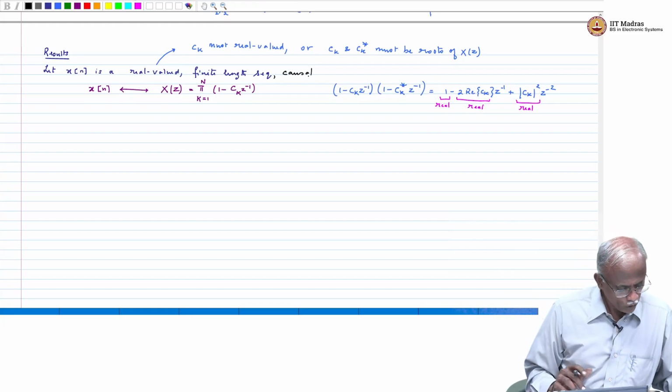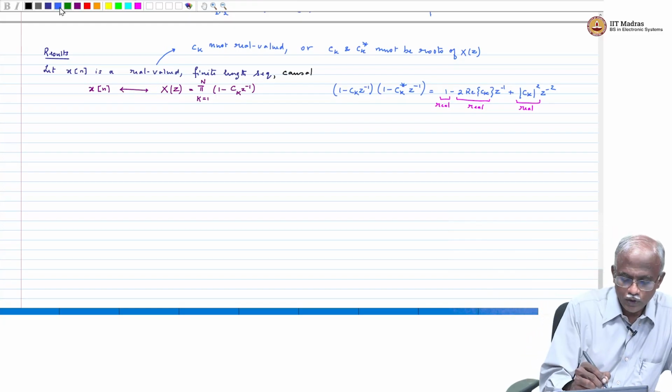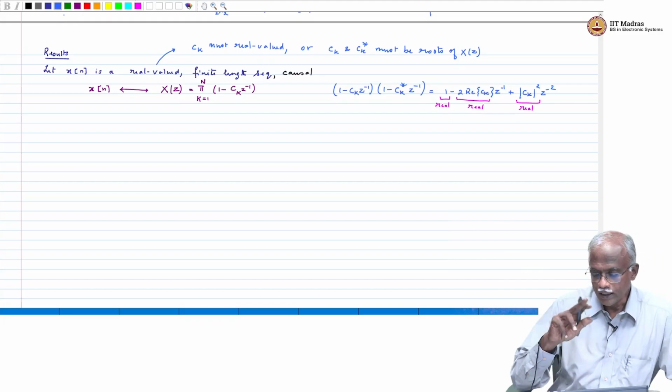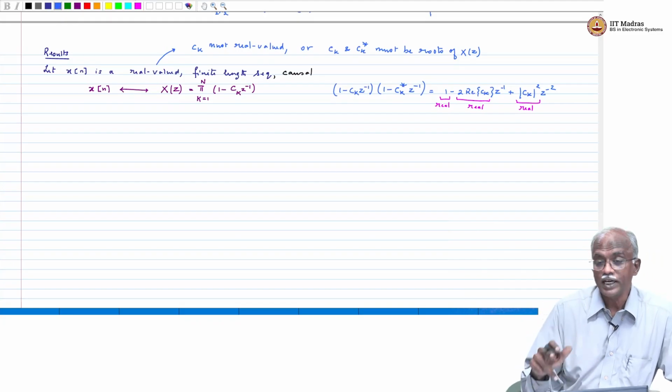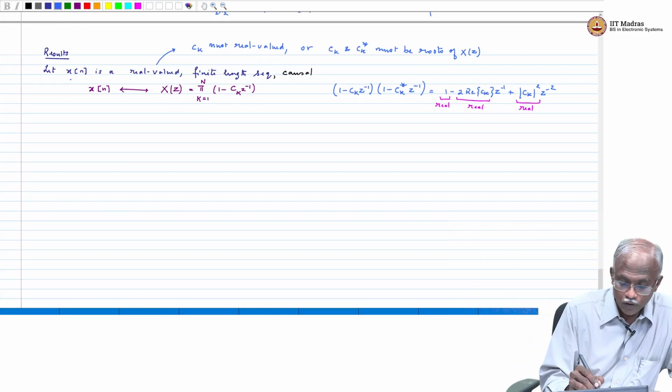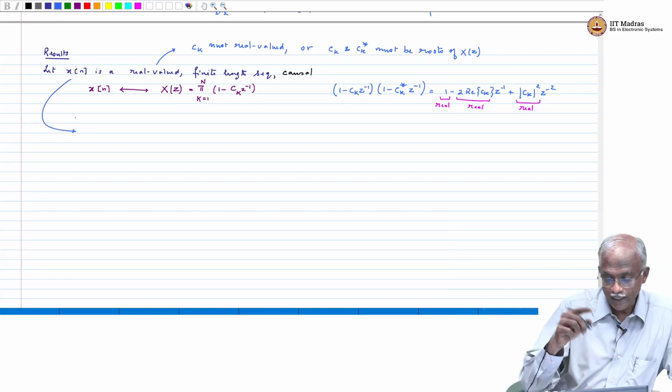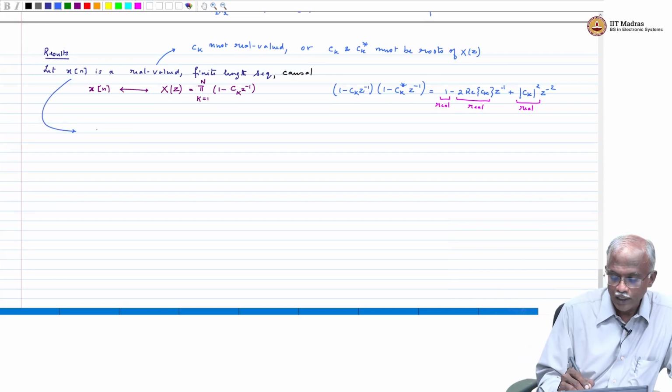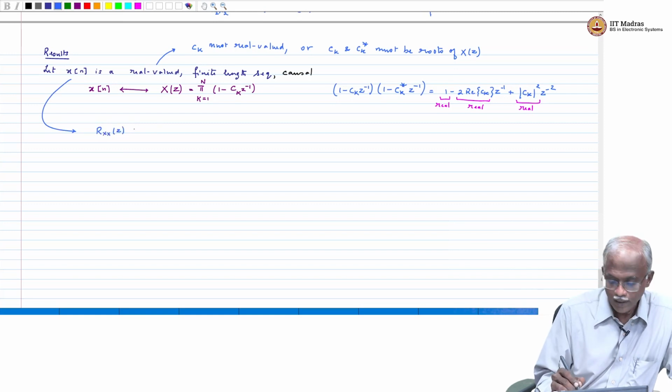All right. So now I want you to look at what are the corresponding implications for the autocorrelation of x of n, where x of n is a real valued sequence. So we say that Rxx of z will be equal to X of z X of 1 by z.